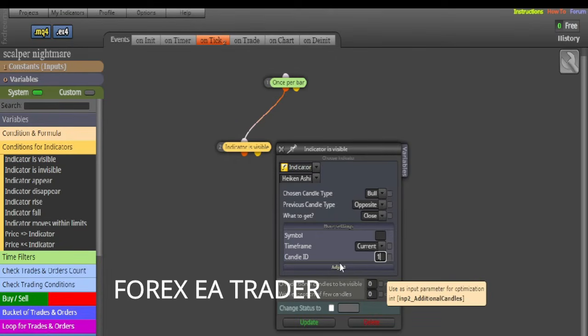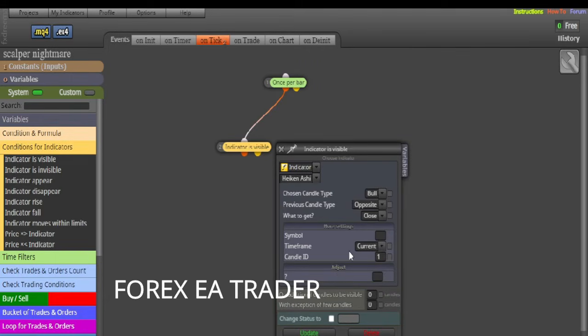Then here, if you want to add any more conditions, it's up to you. You can play with this, but these are the major ones. Maybe you just want to tick this in case you decide you want your signal to first have two candles. Maybe the first candle is not working for you.